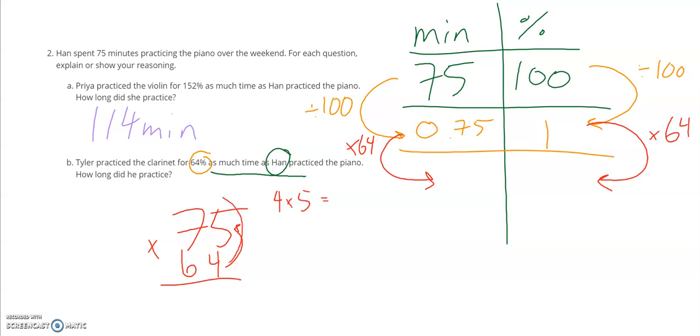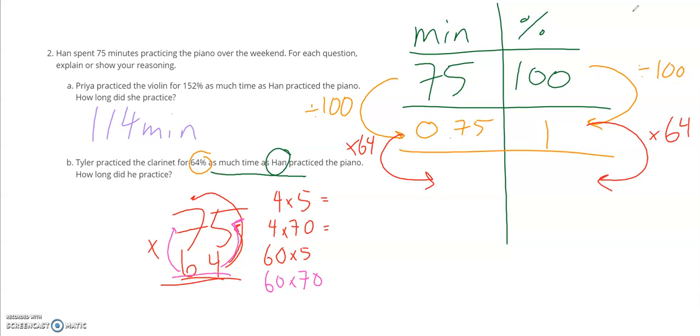We have 4 times 70. And then we have 60 times 5. And then we have 60 times 70. That's how we're going to do 75 times 64.